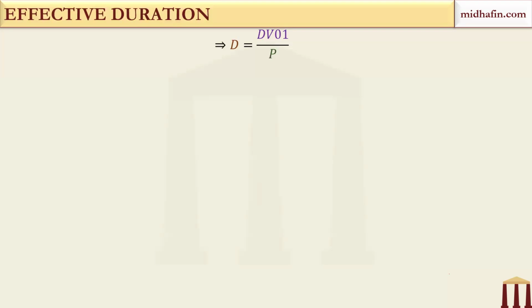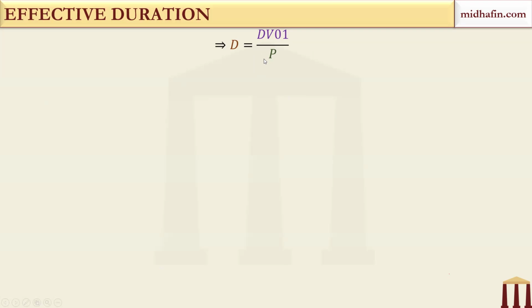The idea is basis points. So the way in which the interest rates are measured in the case of DV01 is in terms of basis points. But now look at the definition of duration. Duration is the proportionate, the percentage change in the price of the bond. That's why we are dividing by the price in order to get the percentage change.